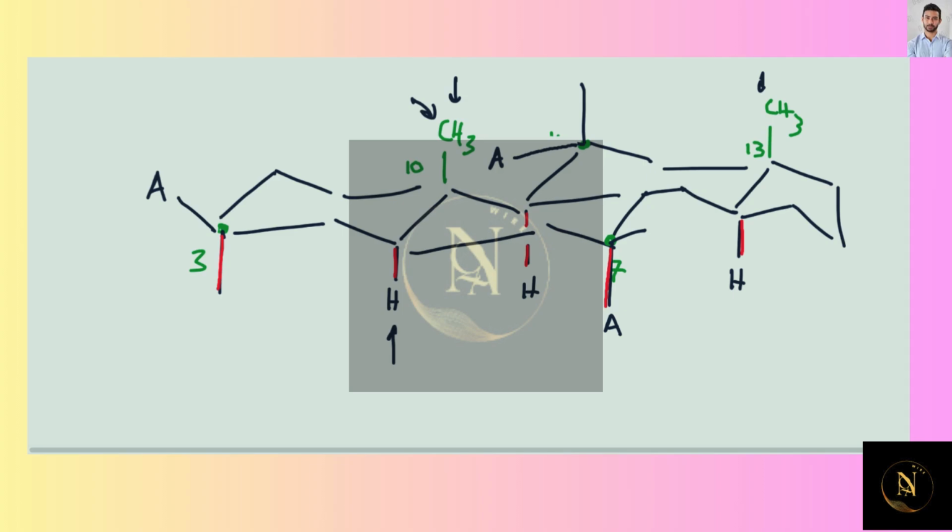And if you're wondering how I knew what angle to draw this out, check that these two lines are parallel with this line, right? Likewise, these two lines are parallel with the equatorial groups here.